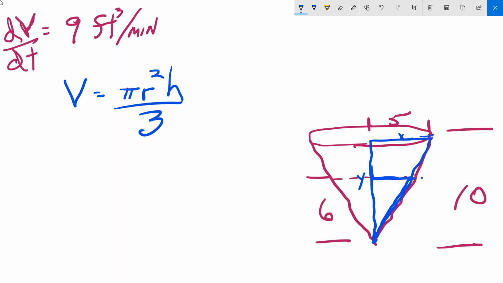The height is 6. Well, we can say x is to y as what? In other words, think about 2 similar triangles and how you can make ratios comparing them.